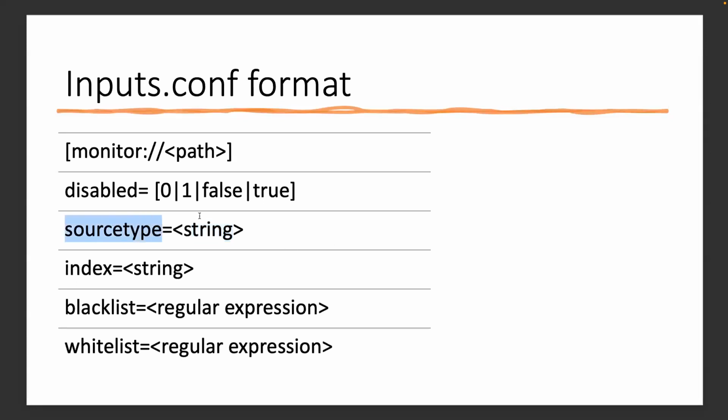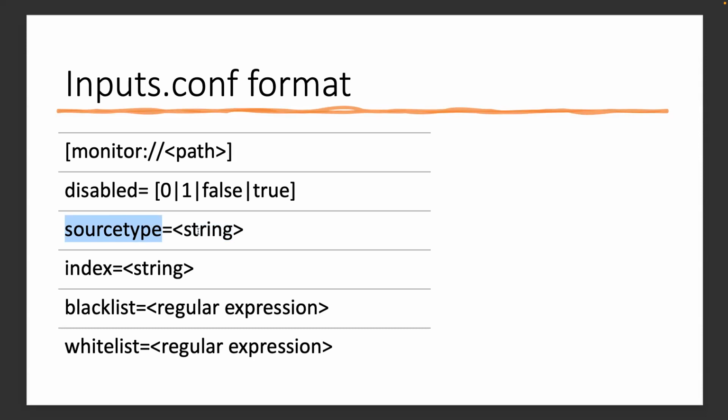So source type is very important. You have to make sure you give a source type. That applies if you're monitoring a file or directory. If it's a file that you're monitoring, definitely you want to tell it the source type. Splunk is intelligent enough to try to guess or understand.